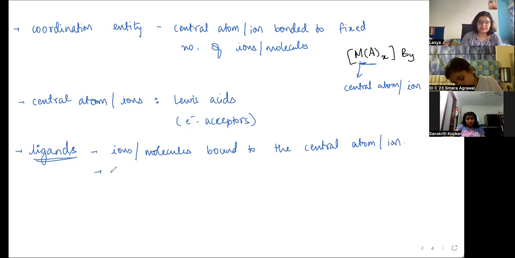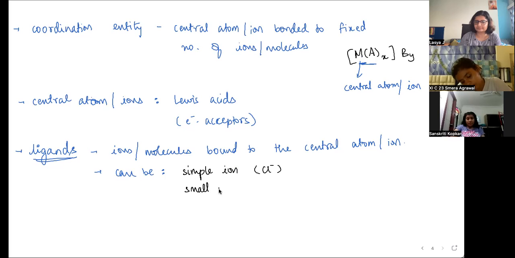There are many different types of ligands that we come across. They can be a simple ion like Cl minus, or small molecules like ammonia, water, even carbon monoxide.